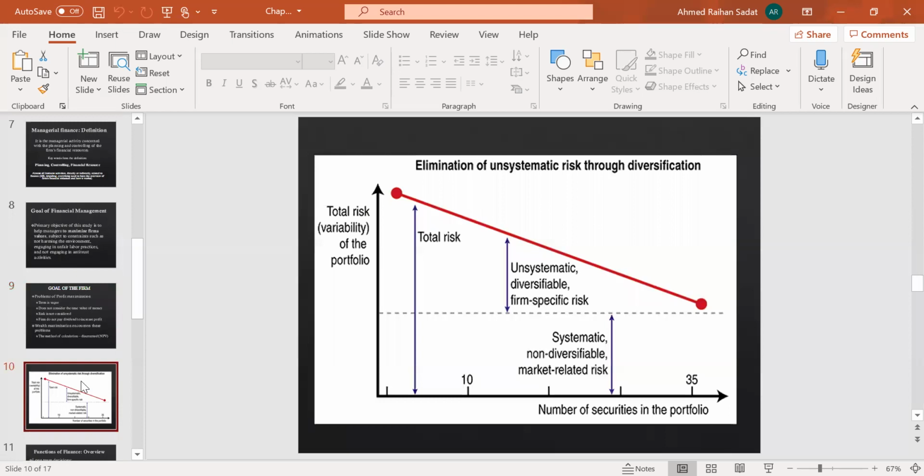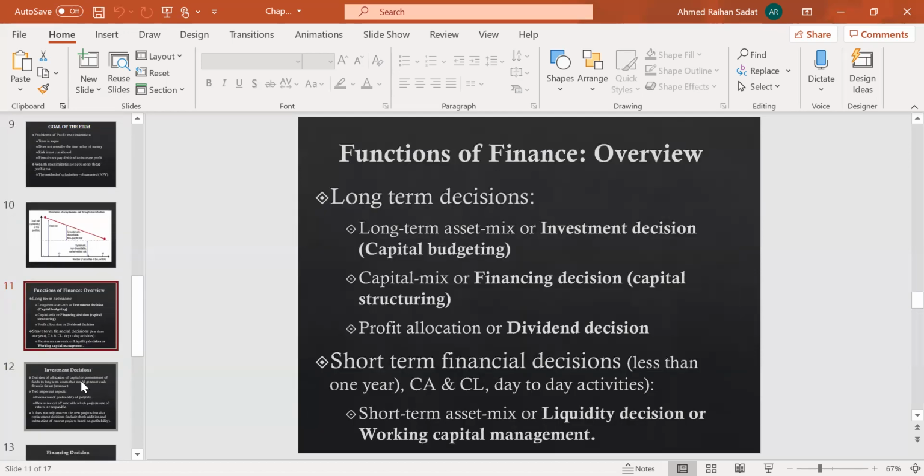Then we talked about two types of risk and this graph, one of which is diversifiable and the other is non-diversifiable risk. I talked with an example, and in fact we spent a little bit of time there because many of you had some questions on that, so I tried to elaborate this part.